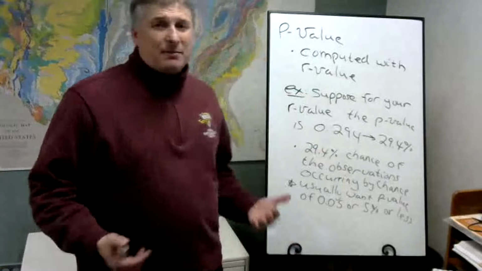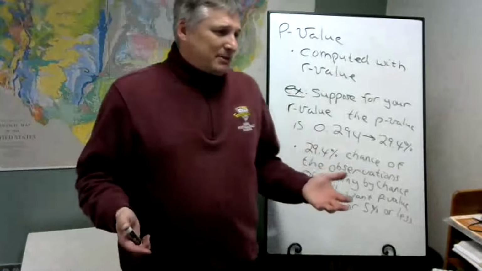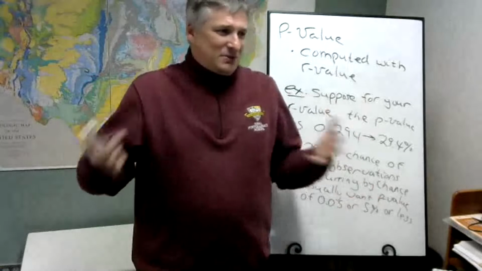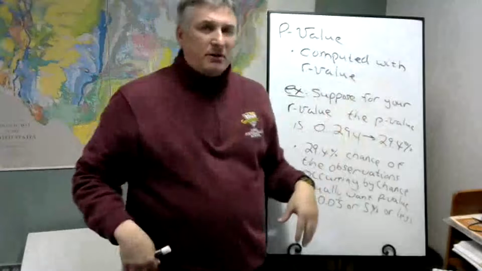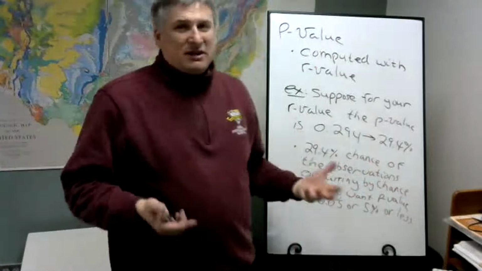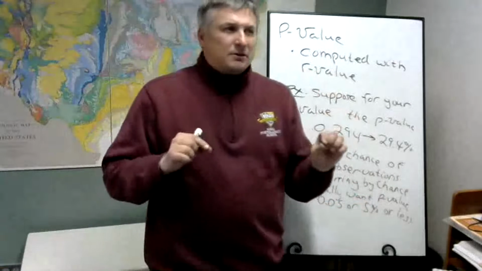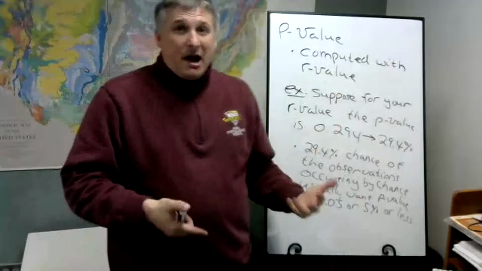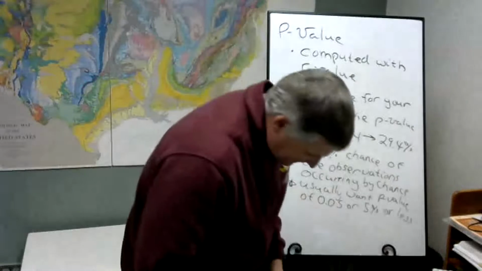The percent that this happens by chance, we want it really small. The more likely it happens by chance, well, I mean, there's no pattern that we're actually seeing here. It's just the way these points fell, they just kind of fell that way. And that's actually considered a pretty good chance to see what we see. What we want are very small percentages. We want some very unlikely outcome. Very unlikely.